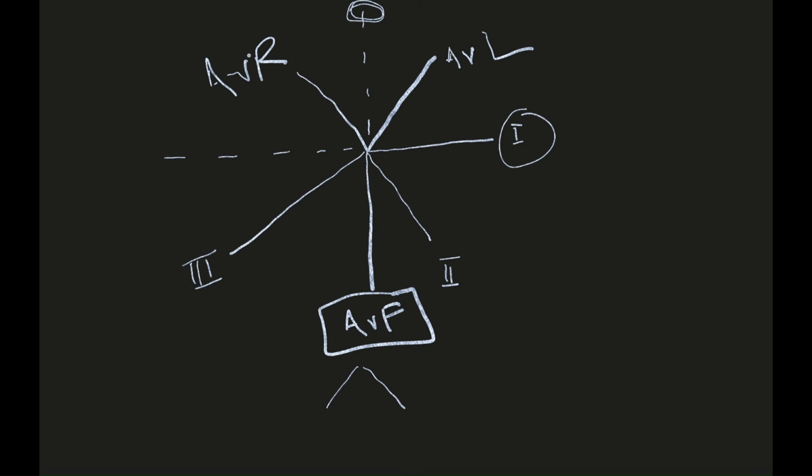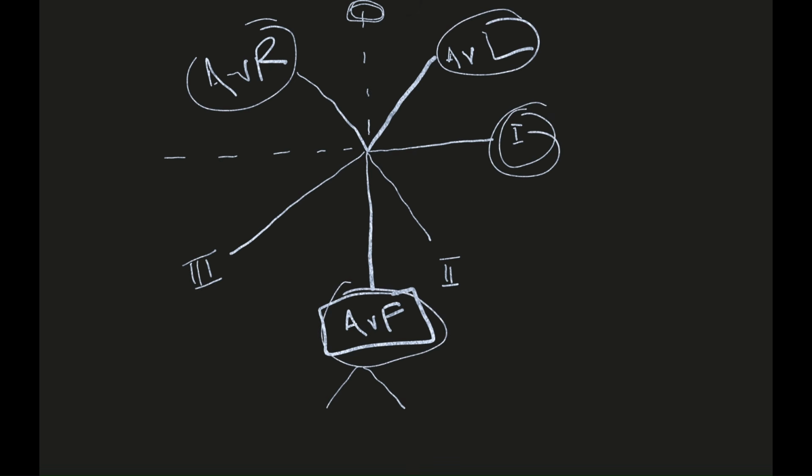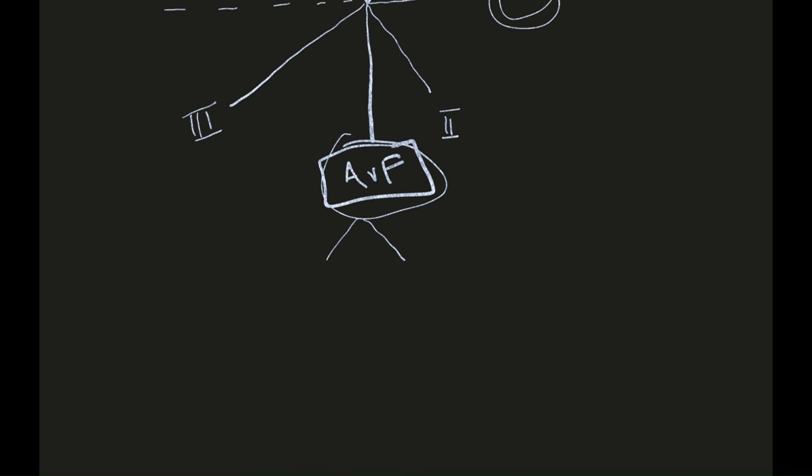You're watching the person from the foot end. On the right of his arm, there will be AVR, then there will be AVL. Lead 1, AVF will be just in front of you over the foot side, and lead 2 and 3 I have shown you in the figure.